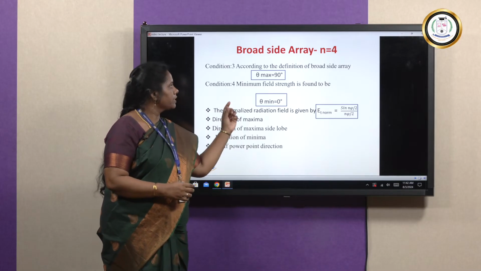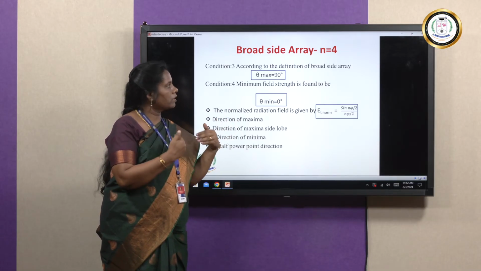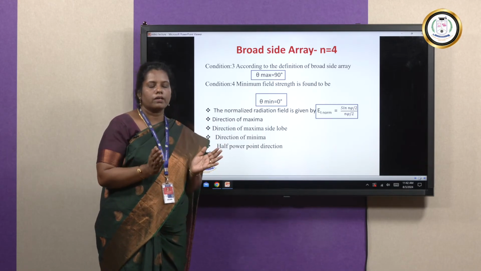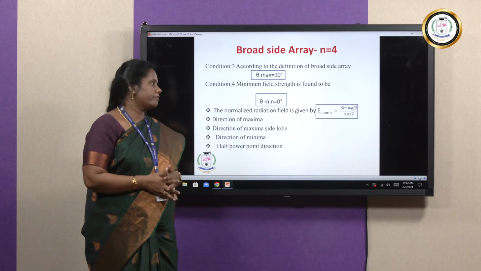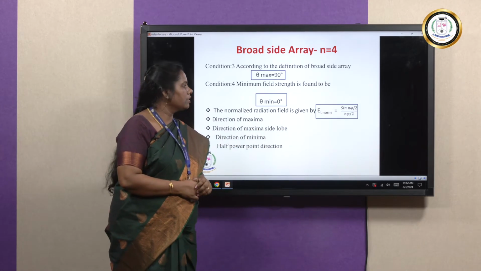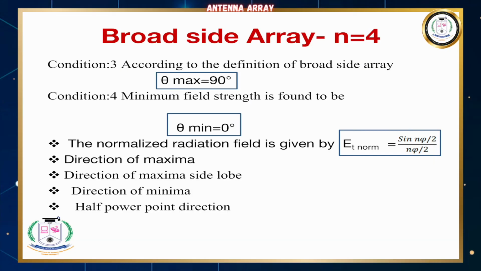Here if the antennas or isotropic sources are increased, we need to find out or analyze side lobe information. So for that we introduce a new formula. E total normalized function is equal to sin(n psi by 2) by n sin(psi by 2).